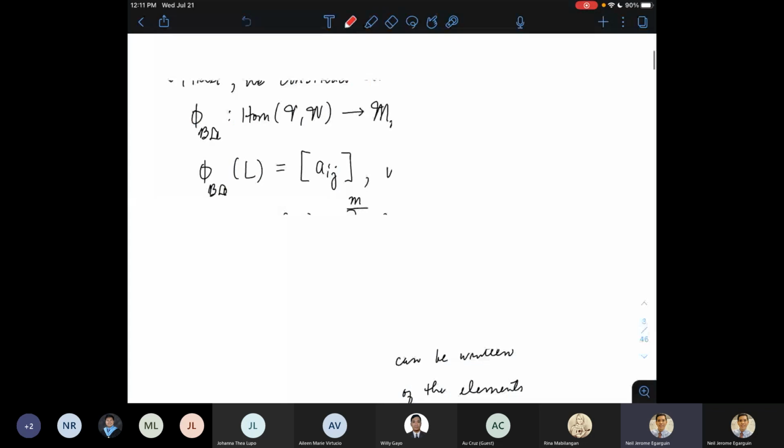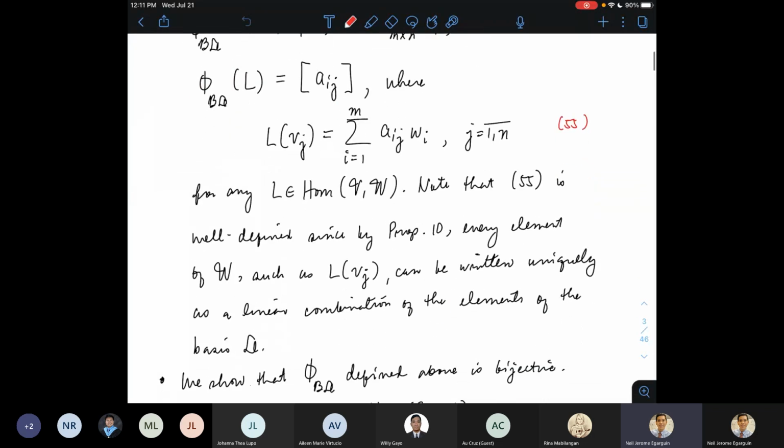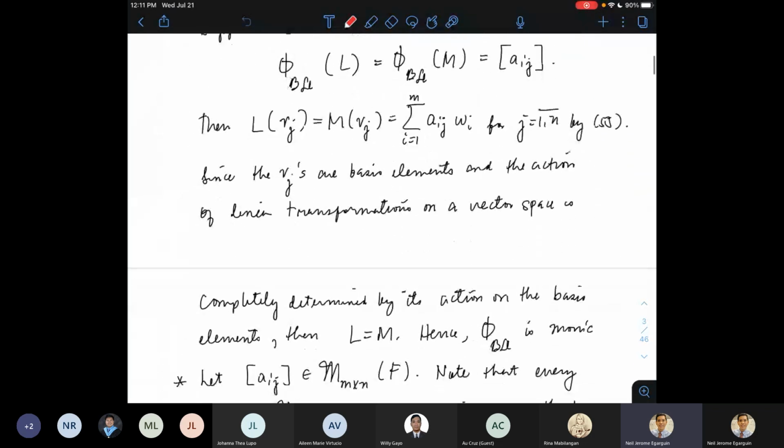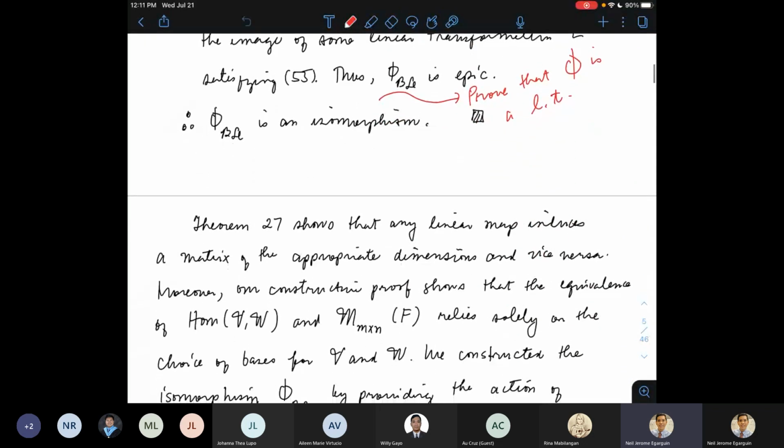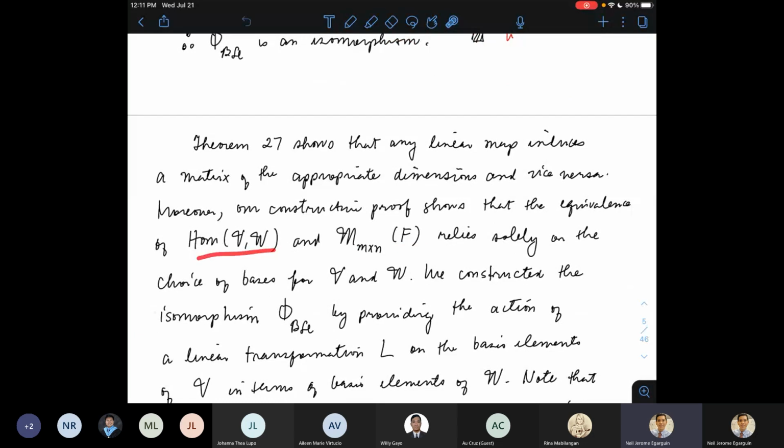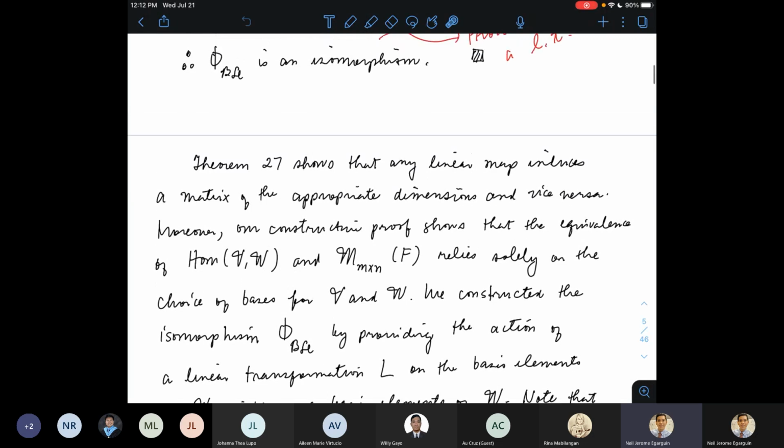So that shows that indeed there is an isomorphism between the set of all linear transformations and the set of all matrices over the field of scalars. All right. And one important takeaway from the proof of theorem 27 is that the matrix representation of a linear transformation really depends on the choice of bases for both B and D. All right.